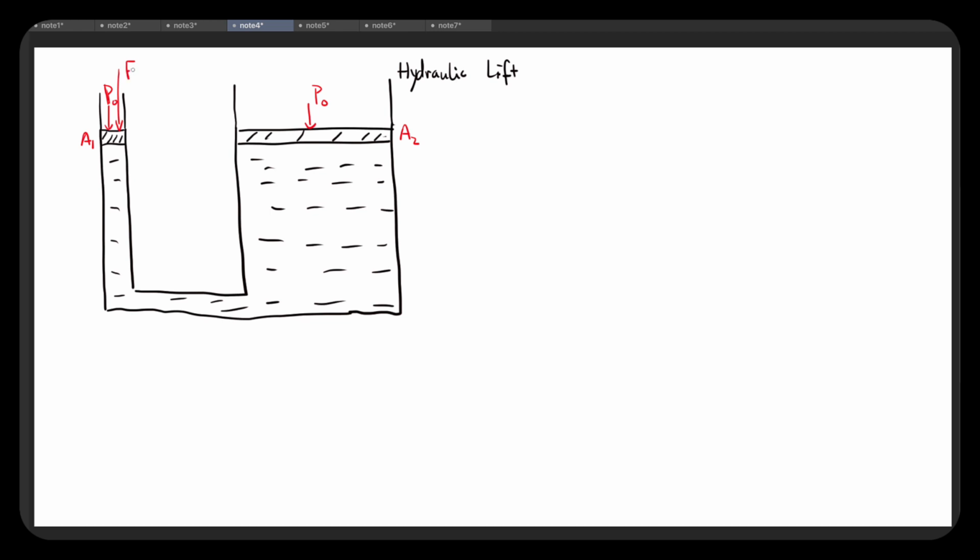Let's call it F1. And then we also put a heavy object on the right side, area A2. And that object will generate a normal force acting on A2. Let's call that force F2. So that's the additional force added to the surface of A2.